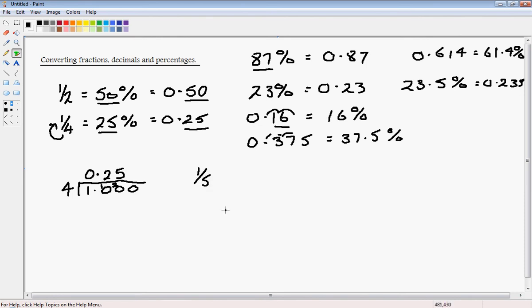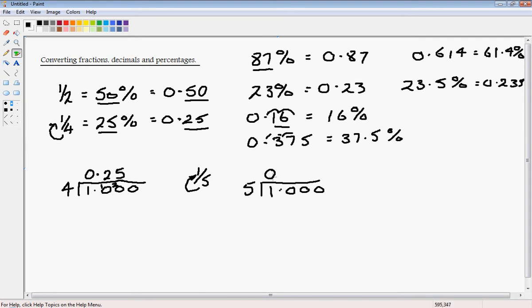Okay. So if we have, for example, 1/5, and they say change that to a decimal or a percentage, then we divide the bottom into the top. And as I say, you'll know if you're right because it should look wrong. Not often you hear maths teachers tell you this, but it should look wrong. Okay, so we put the top number down and then decimal point and some zeros.